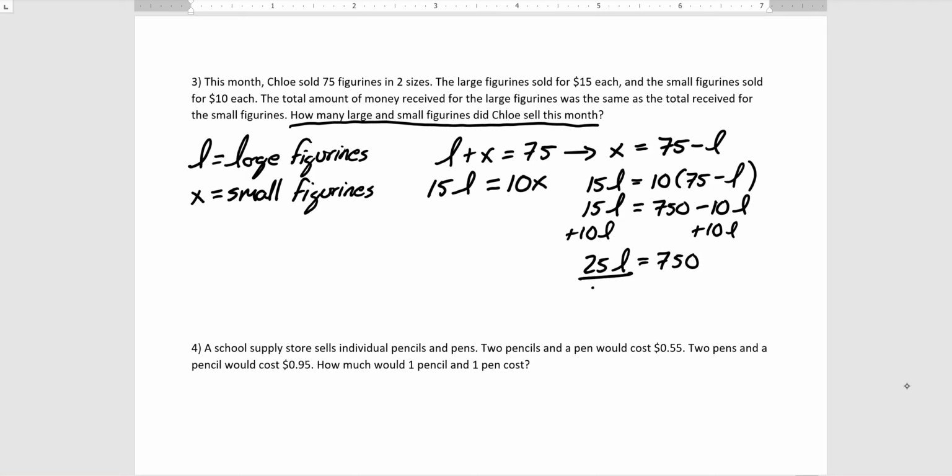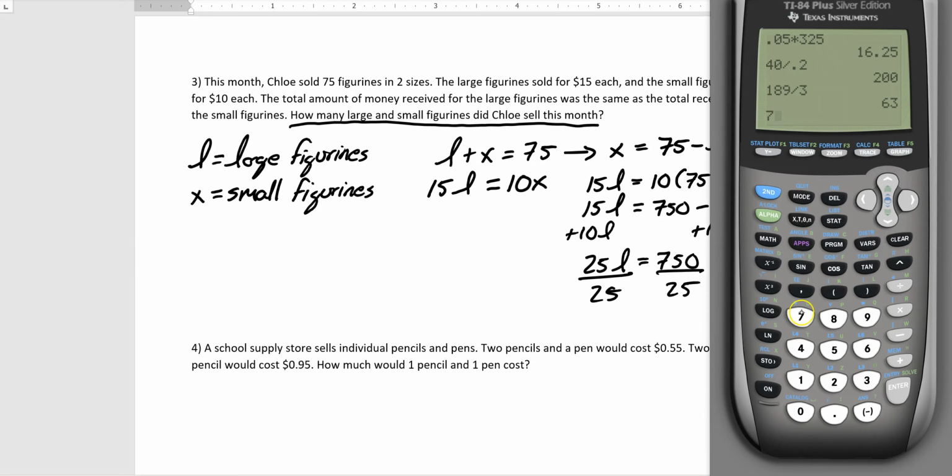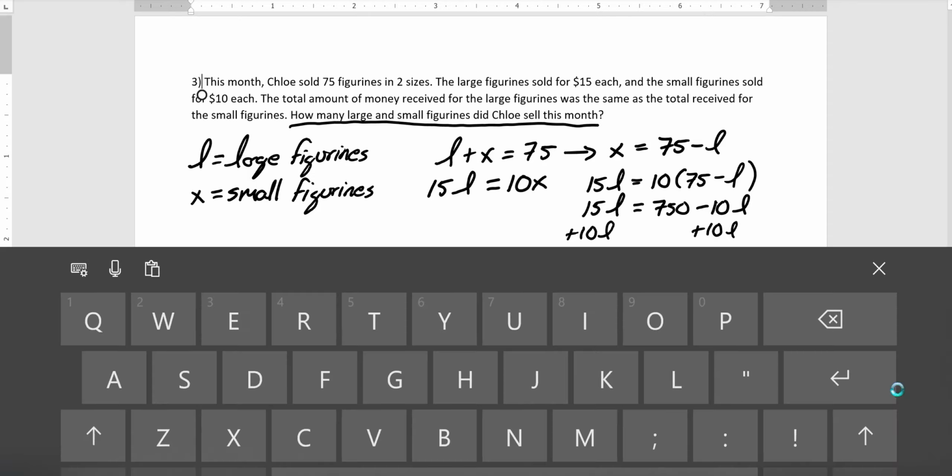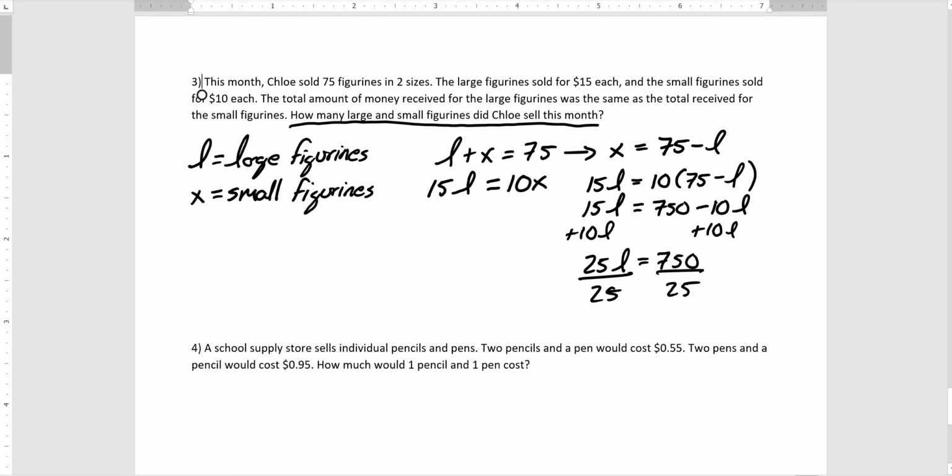All right, divide by 25, divide by 25. What is 750 divided by 25? Let's find out on our calculator. 750 divided by 25 equals, oh, what do you know? 30. All right. So if she sold 30 large, how many small did she sell? Well, let's go back to that original equation that we used to substitute.